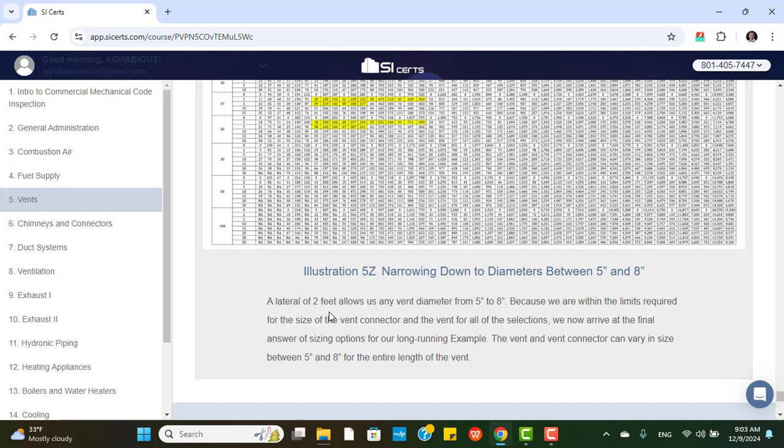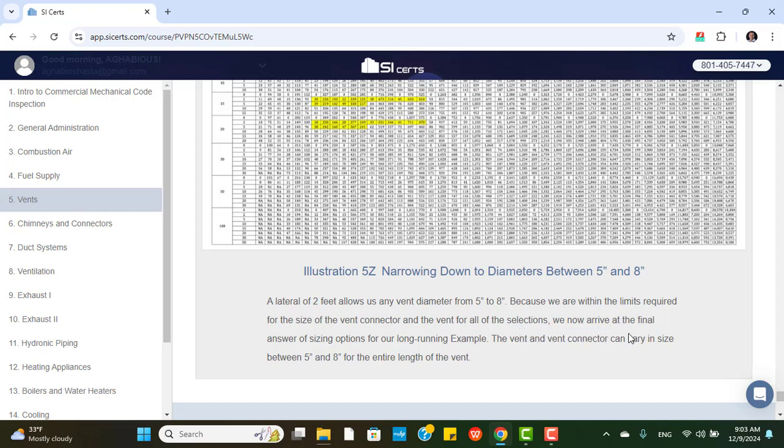A lateral of 2 feet allows us any vent diameter from 5 inch to 8 inch because we are within the limit required for the size of the vent connector and the vent for all of the selections.